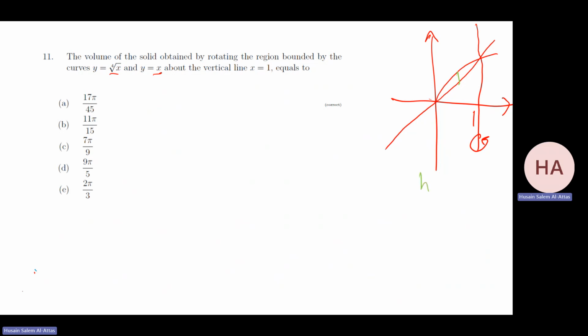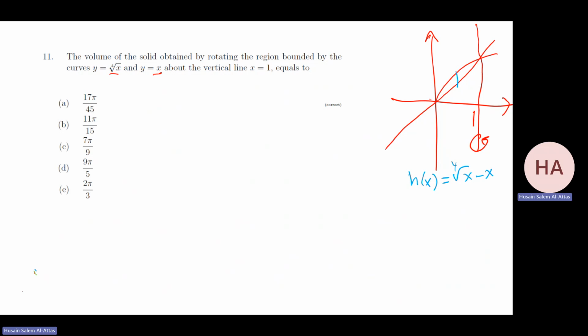So h of x, it will be in terms of x because this is my line. It will be what? What is the height? The height will be 4th root of x minus x.